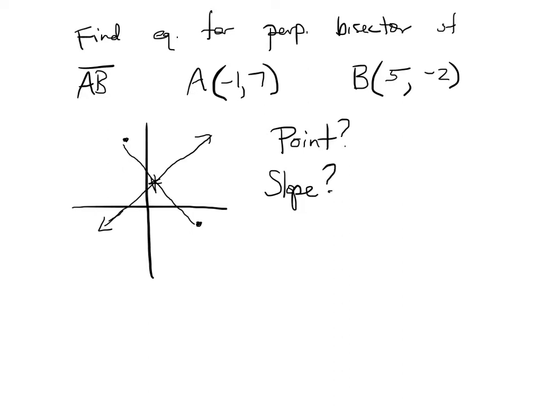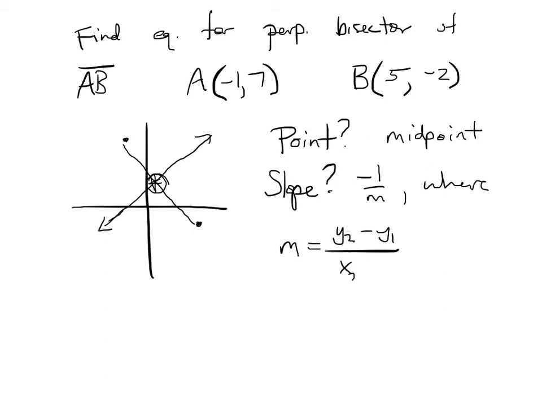The point is going to be the midpoint, and the slope is going to be -1 over m, where m is, in this case, y2 minus y1 over x2 minus x1. We'll call this x2, y2, and x1, y1.